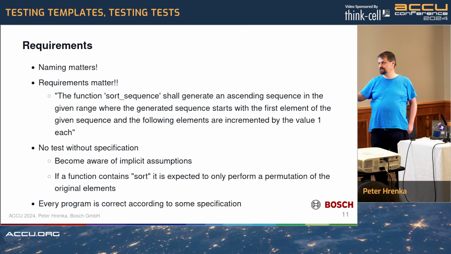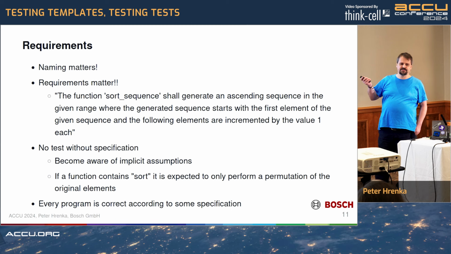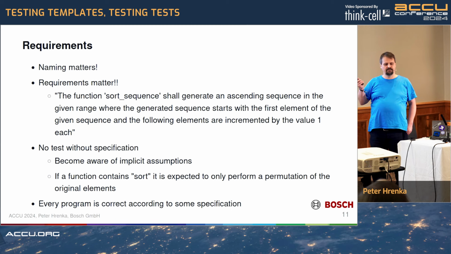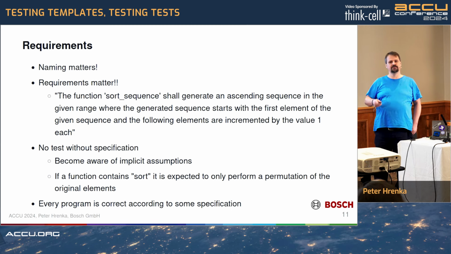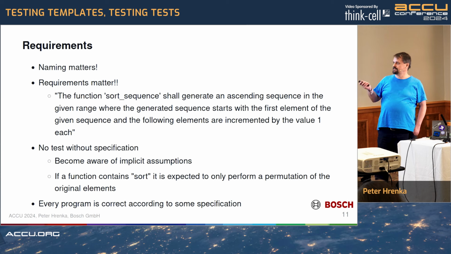So really, what is important is to have some kind of specification. This might sometimes be implied by the function name or the context, but you really have to be careful when testing, really be aware of the implicit assumptions and make them explicit if possible.